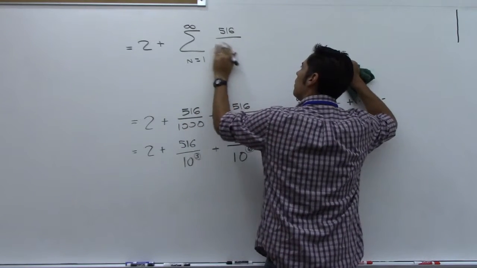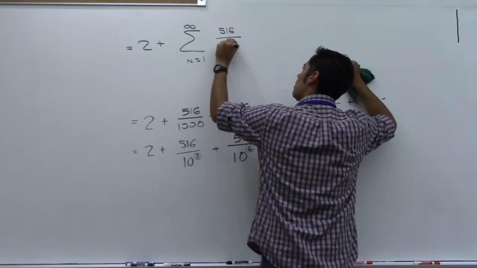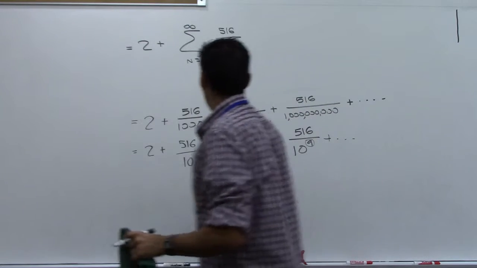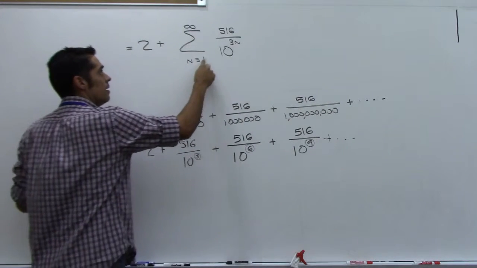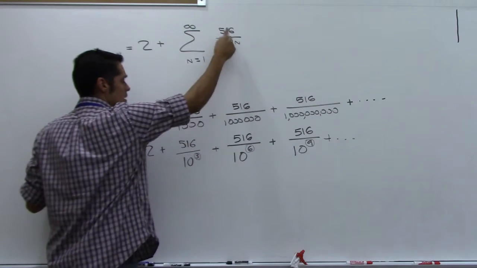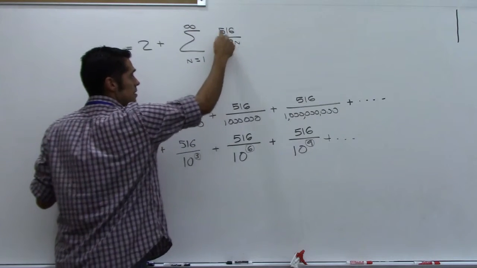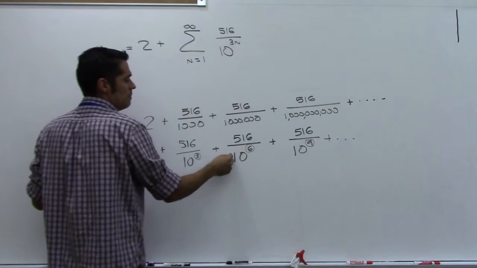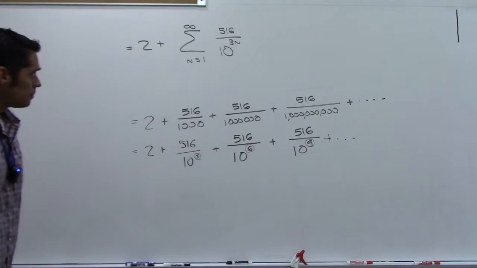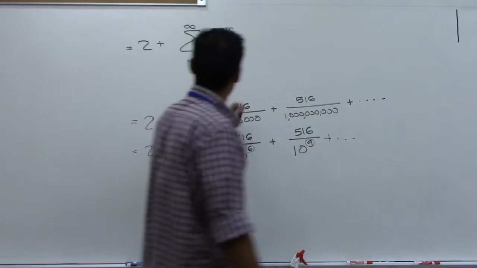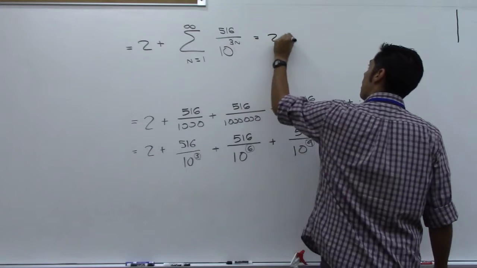It's kind of small. 10 to the 3n. So let's check it. If I plug in 1, I get 3 here, so 10 to the third, 516 over 10 to the third. If I plug in 2, I get 6, 10 to the sixth, 516 on top. And it should work. Now that's a geometric series. The 2 is still out front.